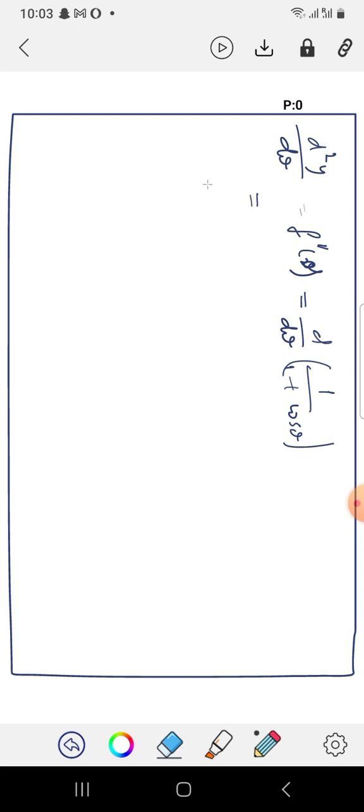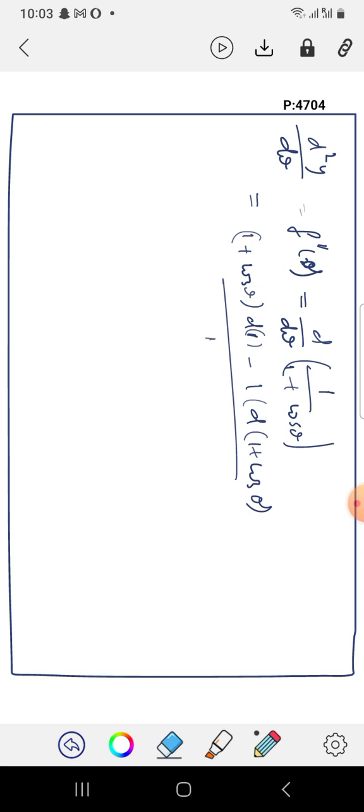This is going to give us 1 plus cos theta d1 minus 1 into d 1 plus cos theta over 1 plus cos theta all squared.